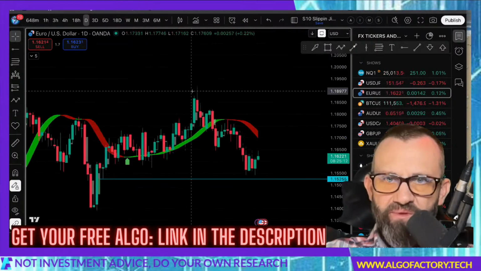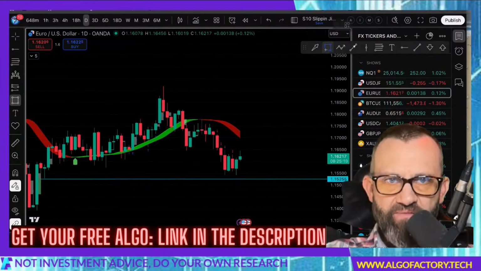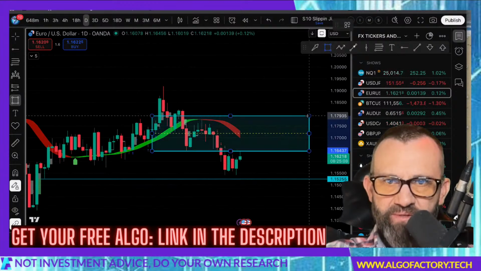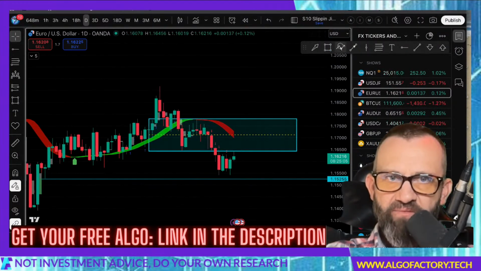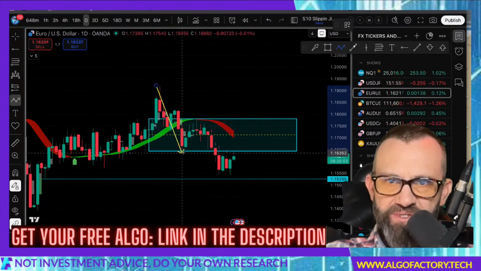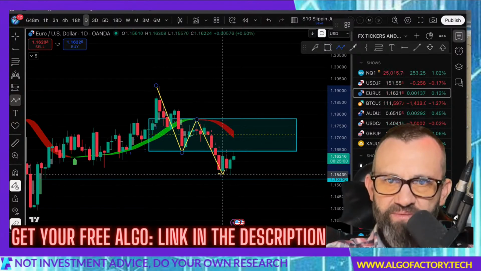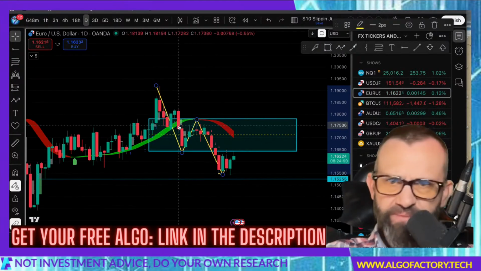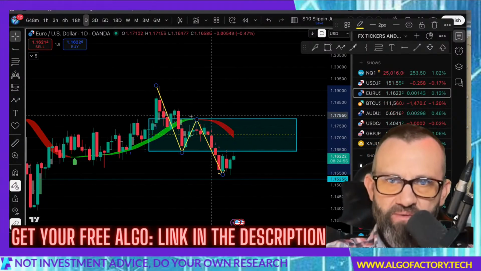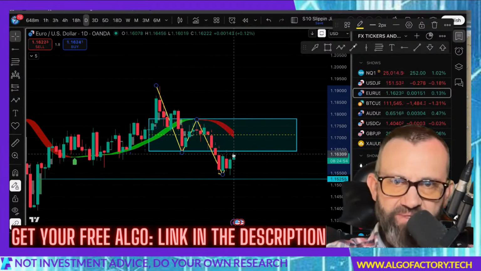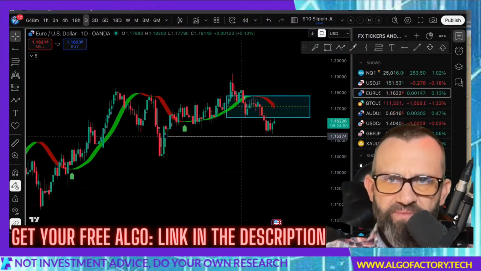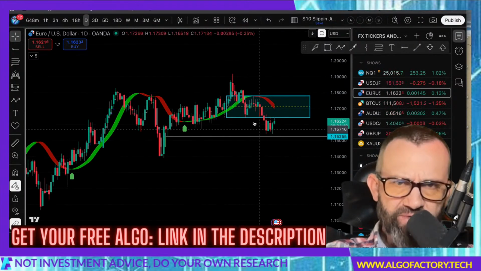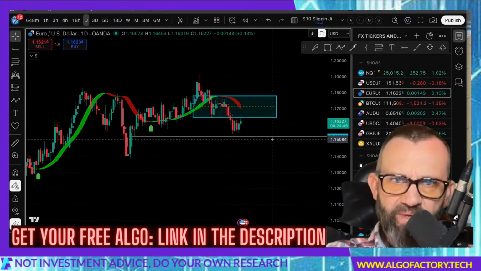Now, interestingly, we do have price having grabbed some prior liquidity. If you look on a higher time frame at this sort of downtrend, you have this liquidity area where this box is, and price just tapped it right now. Price could go higher, but if we end up seeing a new downtrend, then that might be the beginning of it.